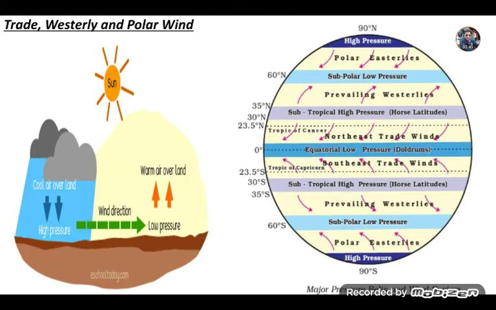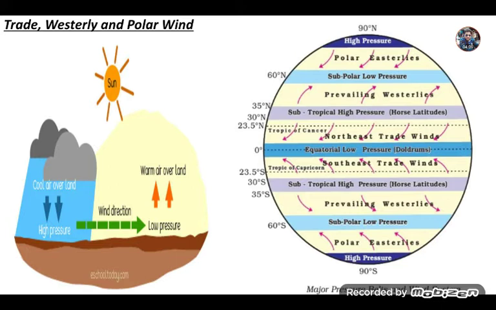The air above the land is warm during daytime and hence it rises, and we find the formation of low pressure over the land. On the other hand, the sea is comparatively cooler. The air above it is therefore cold and heavy. Thus, a high pressure is created over the sea. And wind generally blows from high pressure to low pressure areas.